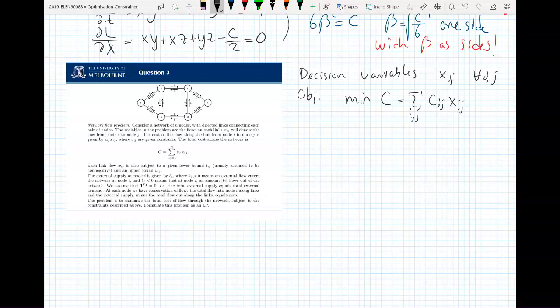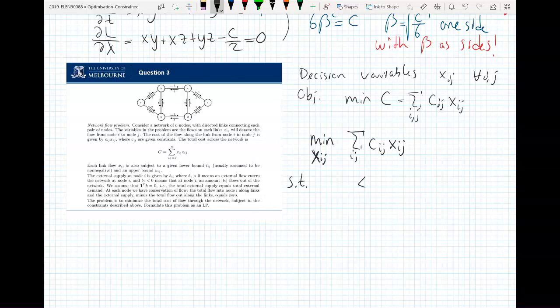So that's given, right? So then let's write it a bit more formally. I want to minimize the sum over ij of Cij Xij, subject to, what are my constraints?